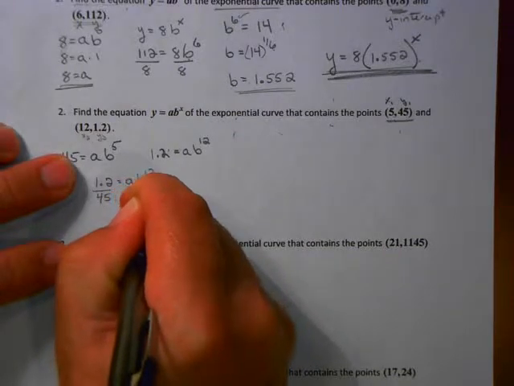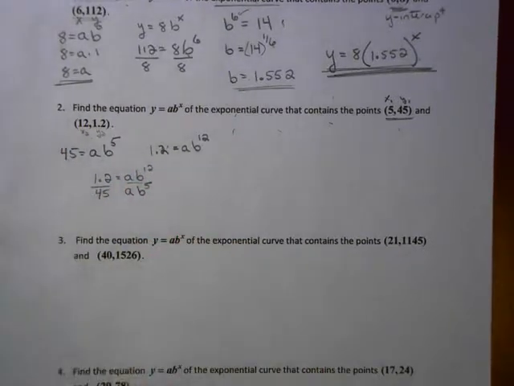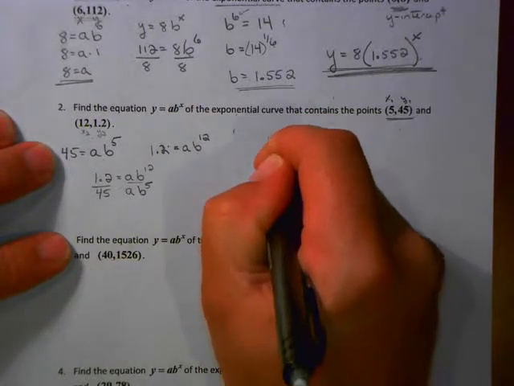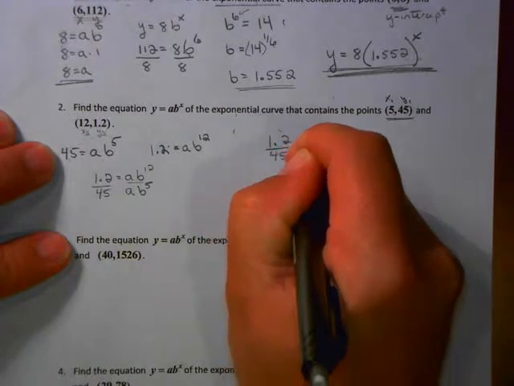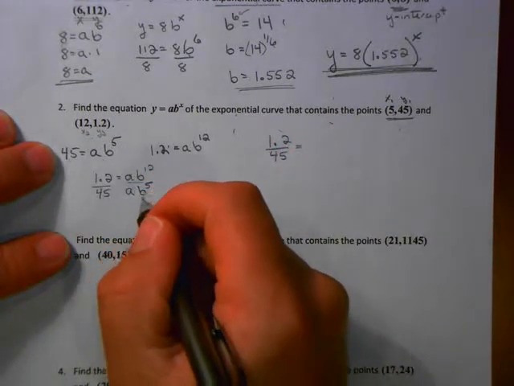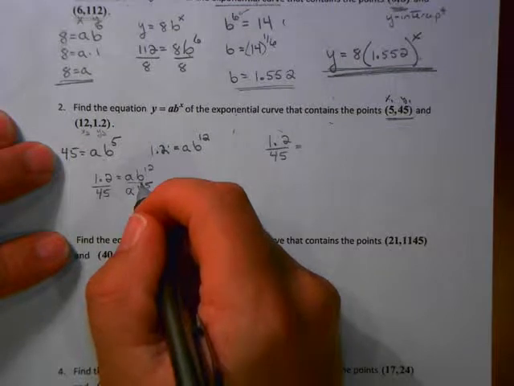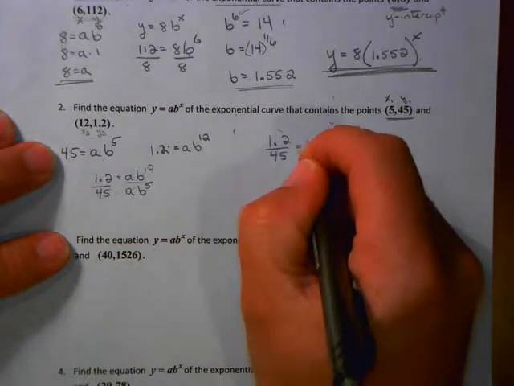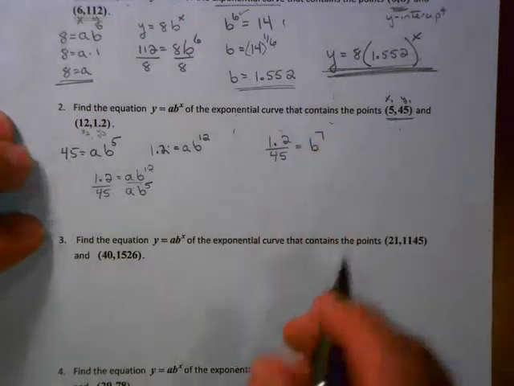So we have a b to the 5th, and that's going to reduce to 1.2 over 45 equals, my a's would cancel, b, same base, dividing, subtract exponents, 12 minus 5 is going to be b to the 7th.